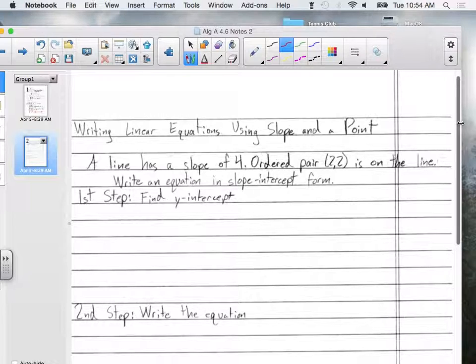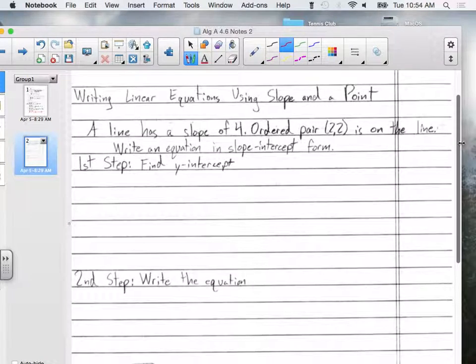Okay. All right, so sometimes you will just be given a slope and a point that is on the line. So just this first example, a line has a slope of 4 and ordered pair 2, 2 is on the line.